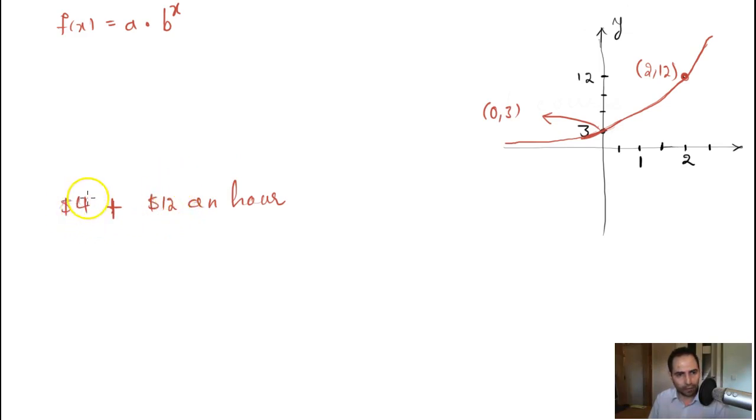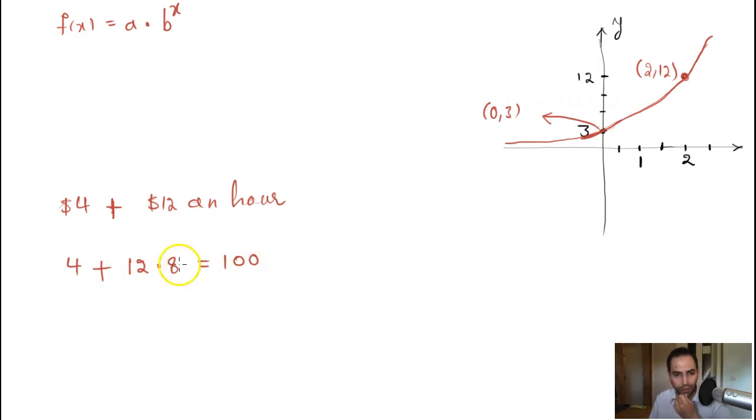So you already had $4. So let's say you worked for 8 hours. So you had $4 plus $12 times 8 hours, because you worked for 8 hours. So 12 times 8 is 96, plus 4 is $100, if I'm not wrong.